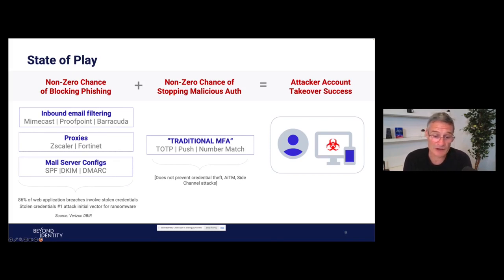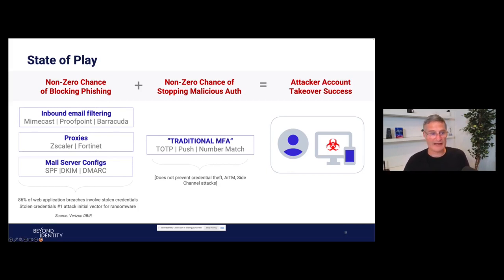The problem is that traditional MFA, the 99% of MFA implemented at companies today, just doesn't take care of credential theft, and we'll dive into this in more detail. And it doesn't stop the attacker in the middle, the phishing-based, proxy-based attacks, or side channel attacks when we're talking about push notifications.